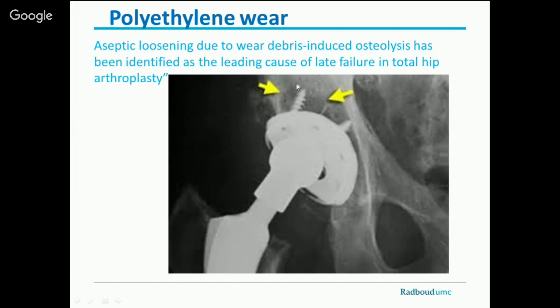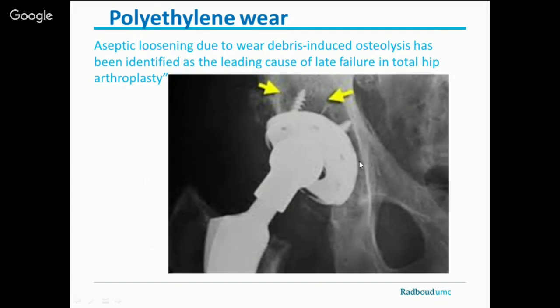So we often see it around screw holes. It doesn't have to contain a screw, because sometimes a cup has multiple screw holes to facilitate the surgeon, and he opts not to use them. So there is an opening to the acetabulum, and around screw holes, we often see that the wear particles accumulate and cause osteolysis.